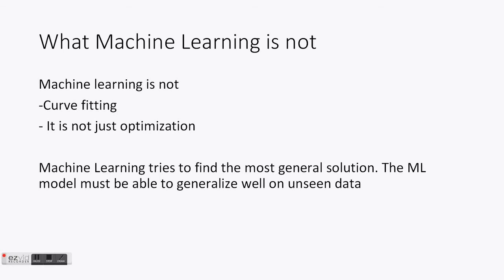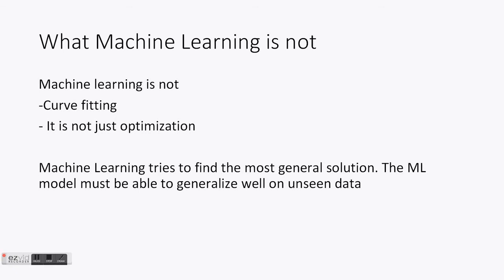So you may start to wonder what exactly machine learning is. It looks like we're trying to fit the data as close as possible. But machine learning is not simply curve fitting. We're not trying to fit a model which mimics the data as close as possible.